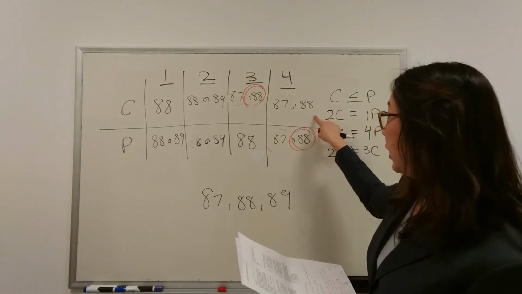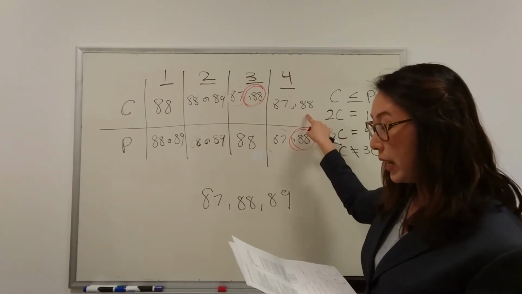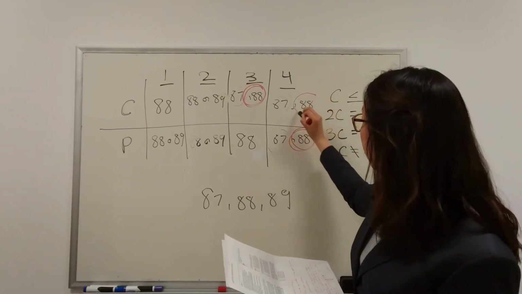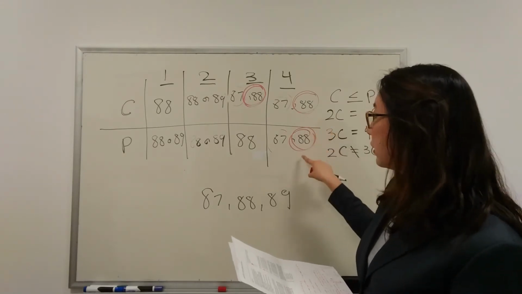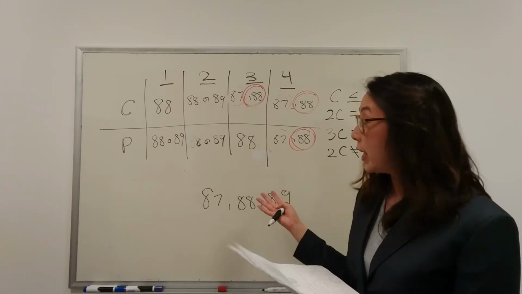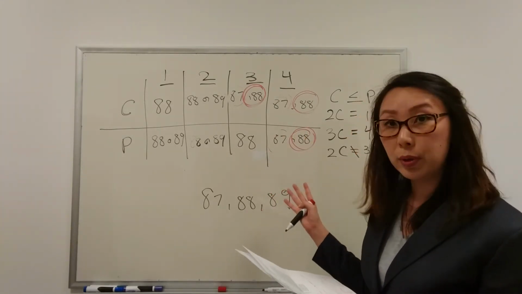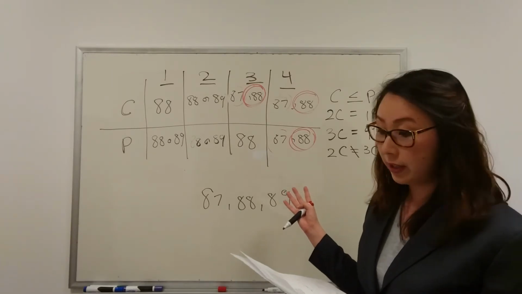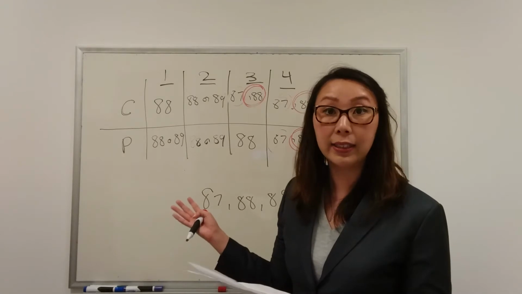Here, it can either be 87 or 88, but because we want the fewest number of machines to be 87, 88 still complies. 4C being 88 still complies with this rule. So based on that, we can have a fact pattern where 0 computers were purchased in 1987. So the answer to number 10 would be A, 0.